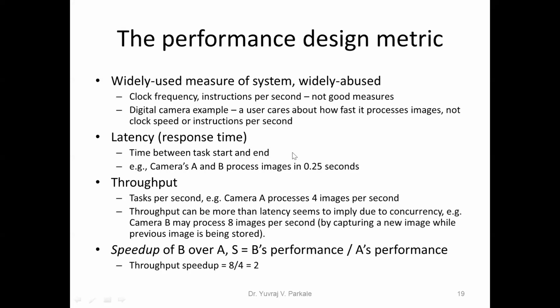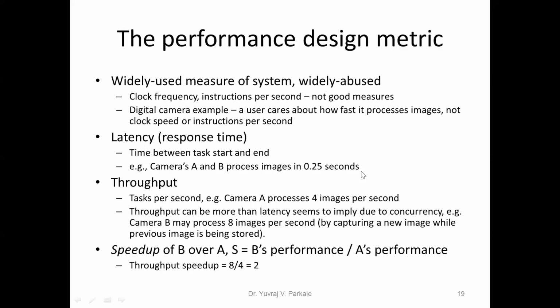Now one example is given for a camera. Let's say I have two cameras, camera A and camera B, and both process images in 0.25 seconds. That is, only 0.25 seconds are required to capture one image from the camera.